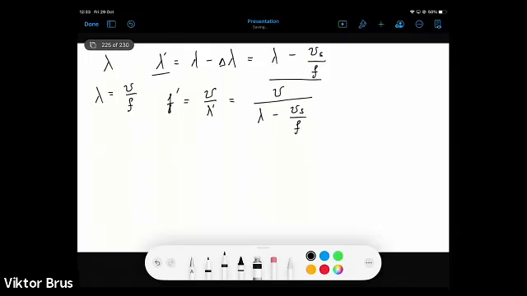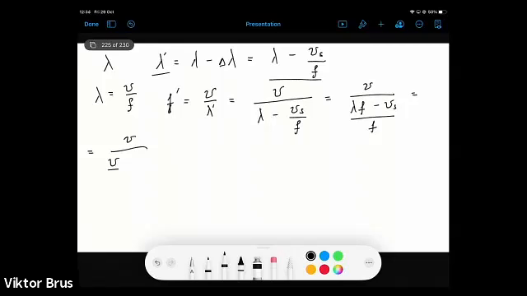Now, if we set a common denominator, we will get V divided by lambda times frequency minus Vs divided by frequency. V divided by lambda times frequency gives us the speed of sound.